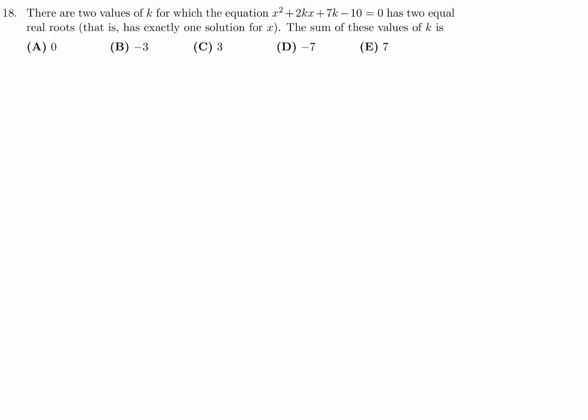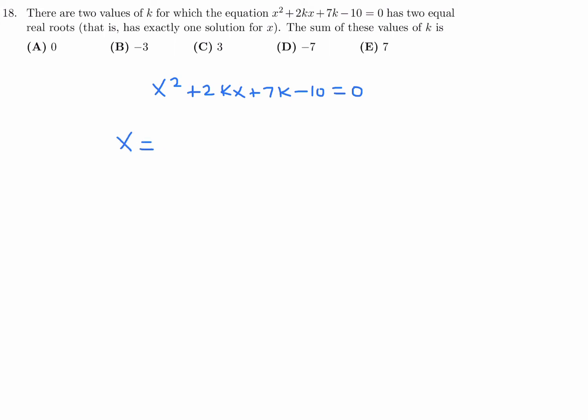There are two values of k for which the equation x squared plus 2kx plus 7k minus 10 equals 0 has two equal real roots, that is, has exactly one solution for x. The sum of these values of k is... x squared plus 2kx plus 7k minus 10 is equal to 0. So the first thing we'd like to do is use the quadratic formula to solve for x.